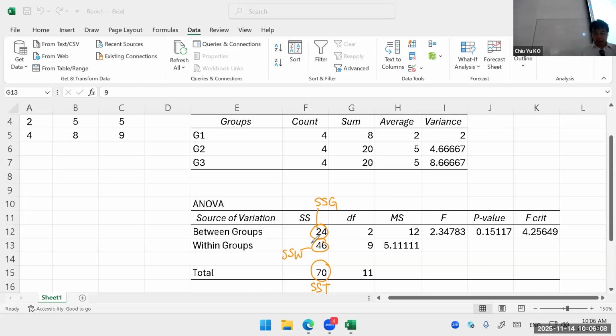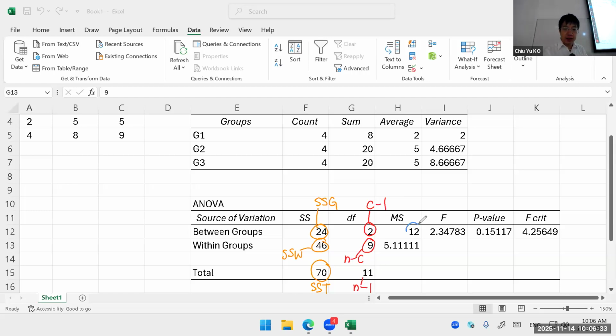SST is calculated directly, okay? And the degrees of freedom, right? This is simply C minus 1, this is N minus C, and this is N minus 1, right? N is 12, right? C is 3, because there are 3 different groups. And what is this?